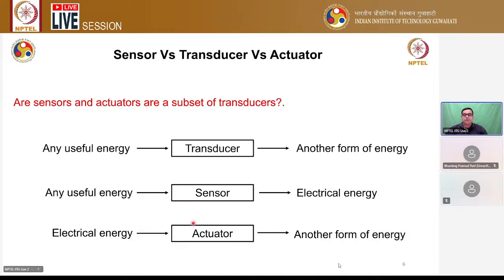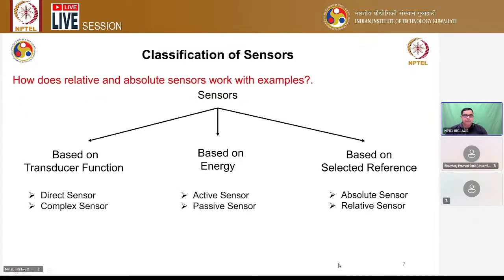So this definition of actuator also fits as a subset of a transducer. So in principle, you are right that sensor and actuator can be considered a subset of a transducer. Fine. I hope the question is clear to you.